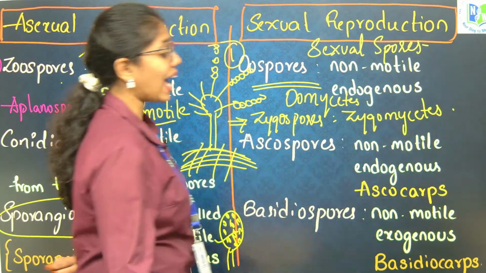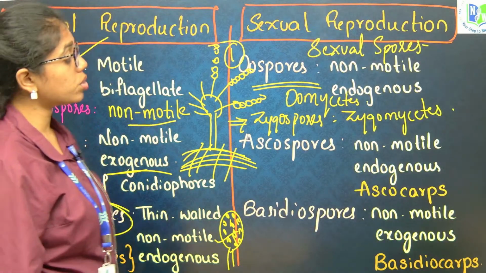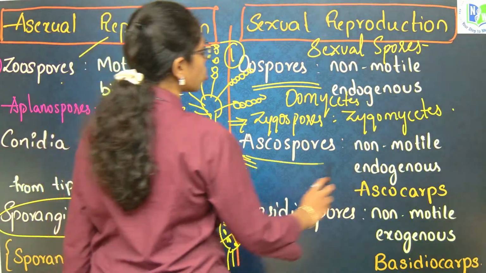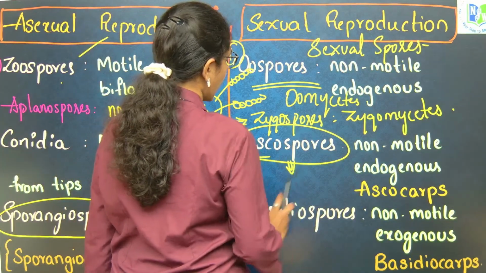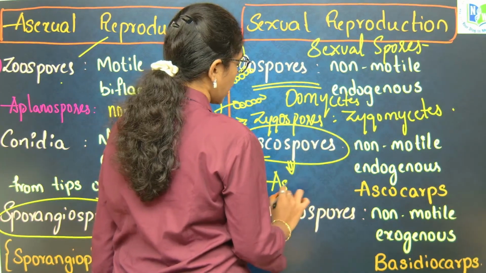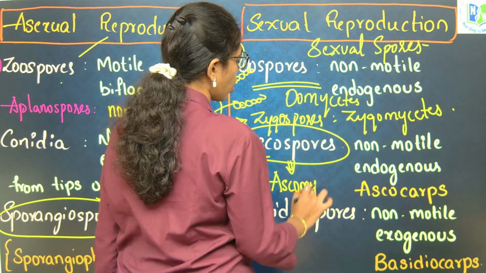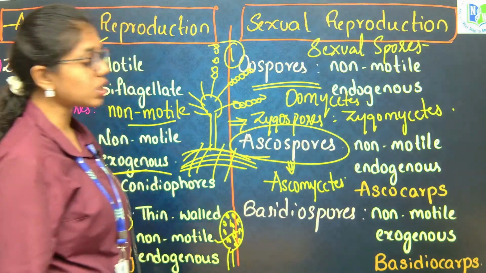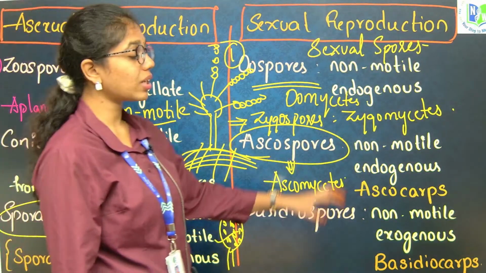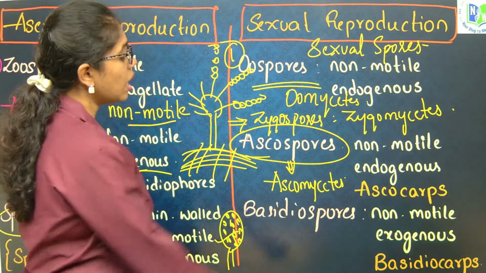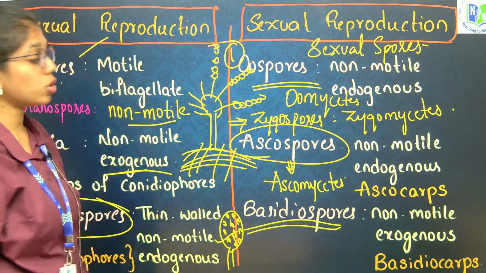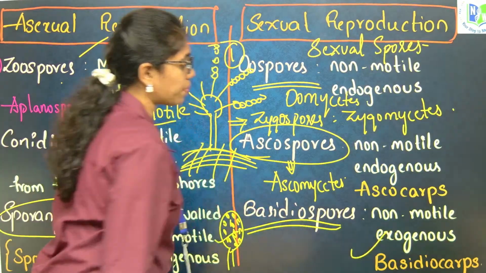And then ascospores, which are produced endogenously inside ascocarps. These ascospores are from the Ascomycetes class of fungi. Basidiospores are non-motile, exogenously released from basidiocarps.